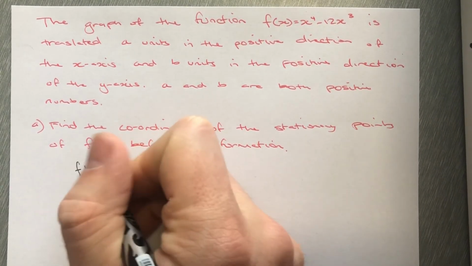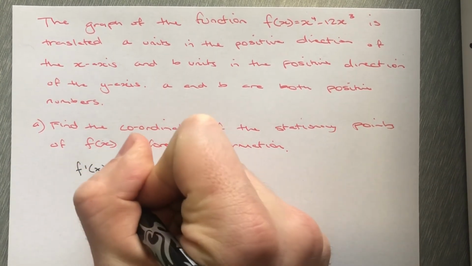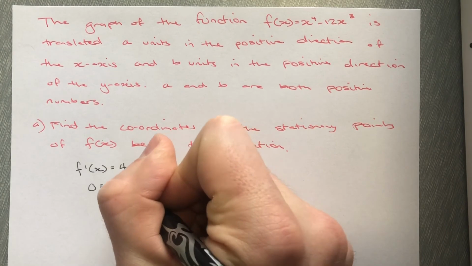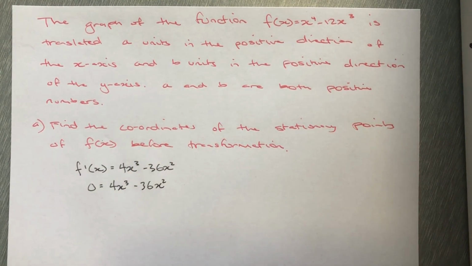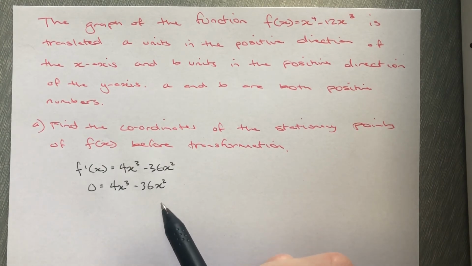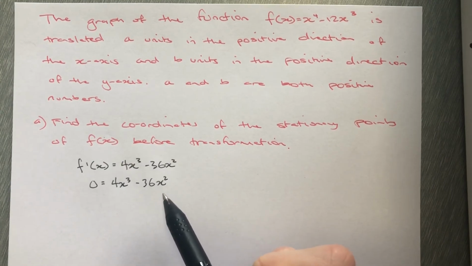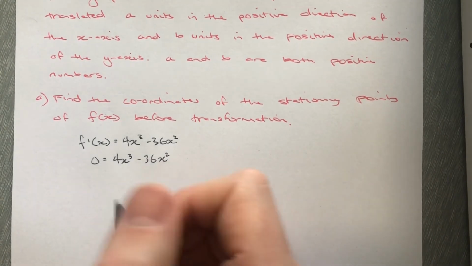So the gradient, that's this bit there, make that 0. And we now can hopefully solve for x. Now you can do this with your CAS, you can do it by hand as well if you like. I'm just going to do it by hand now because I think it'll be quicker than grabbing my calculator.